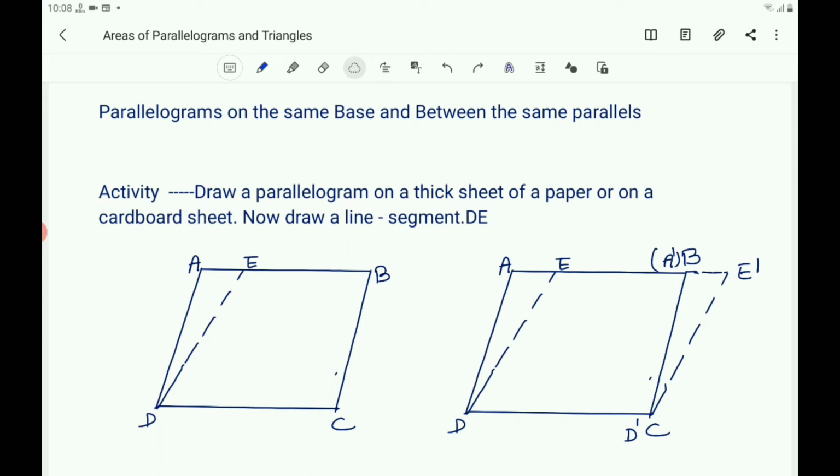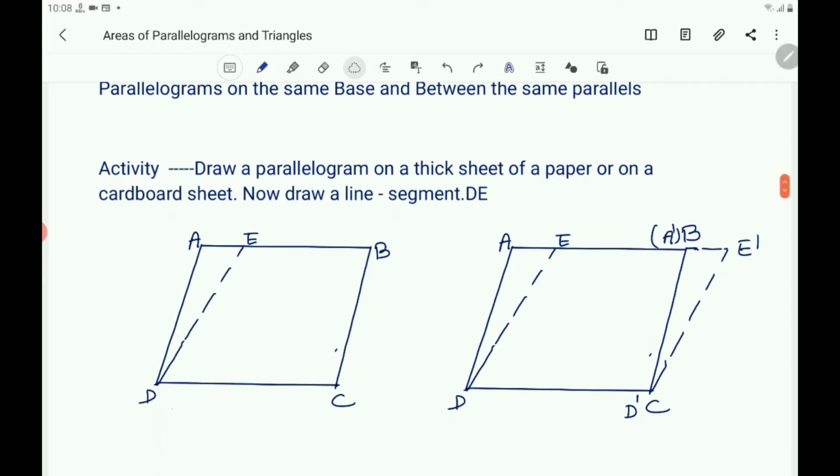Draw a parallelogram on a thick sheet of paper or on a cardboard and draw a line segment DE. Here what you have to do?